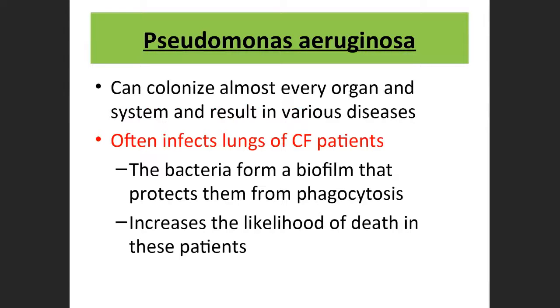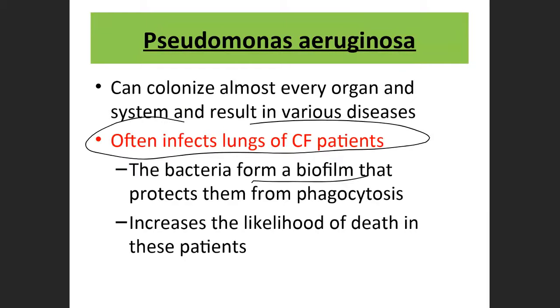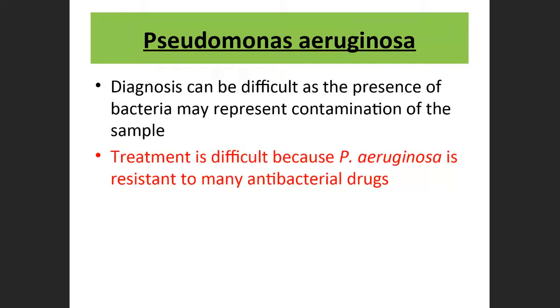It is a common nosocomial infection of cystic fibrosis patients. The organism can cause biofilms which protect it from phagocytosis. But the more important thing about Pseudomonas is that it's very resistant to disinfectants and many antibiotics. So treatment is very, very difficult.